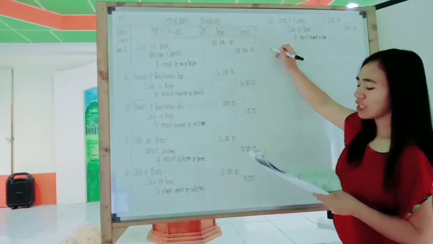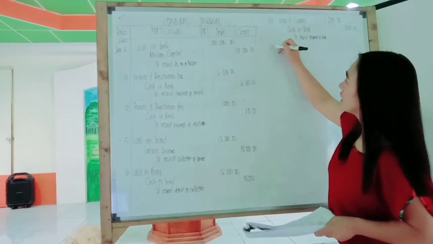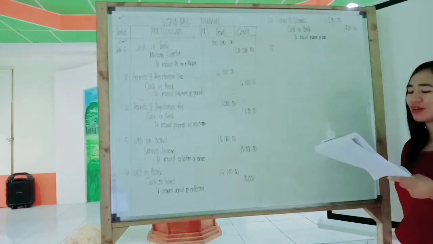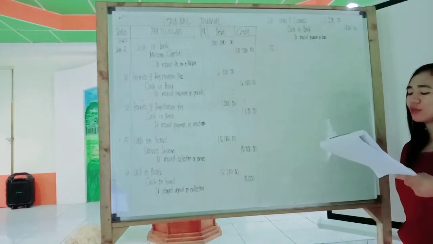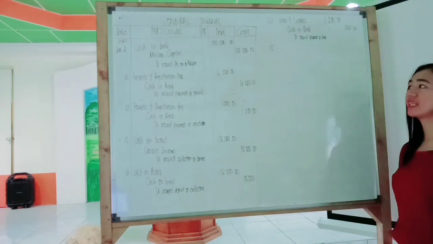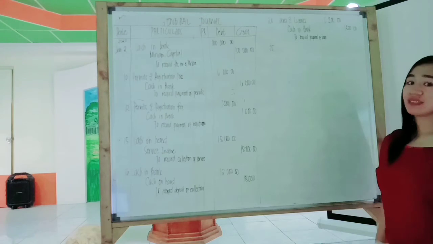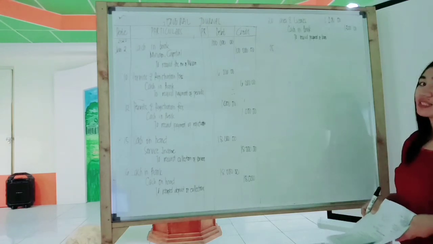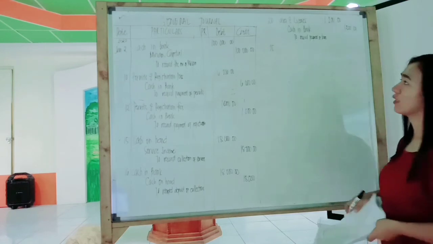Tapos, next transaction happened on January 25. Anong nangyari sa January 25? Receive bank debit note for checkbook. Yun, so ito yung sinasabi natin na service charge dahil sa paggamit nga natin ng services ng bank, because of the services rendered to us.